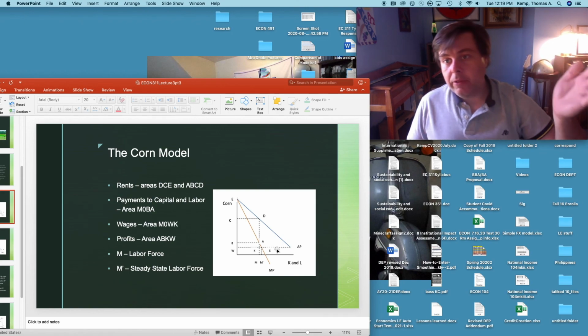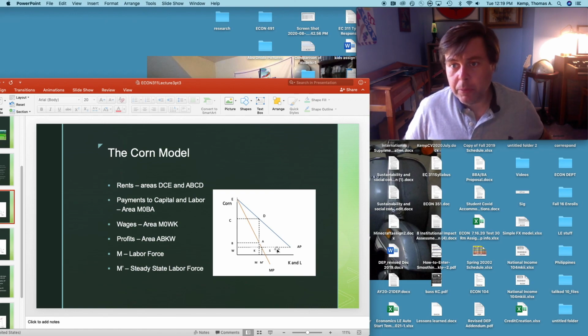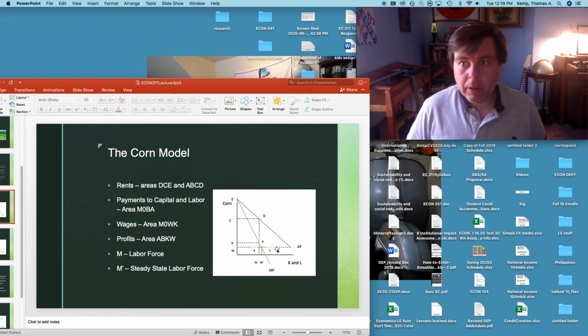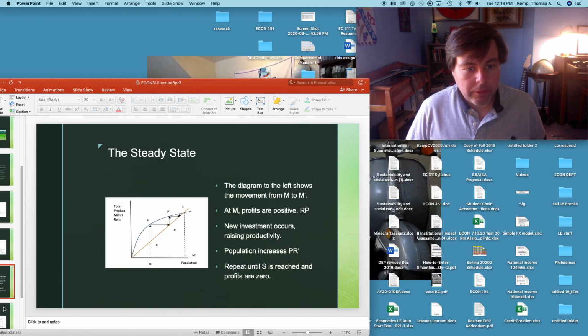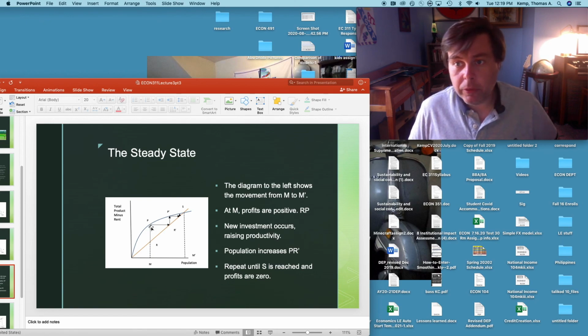Well, in that case, the steady state is reached even more quickly, right? Less time than it would have been before, because what's happening is this function here is rotating up or anti-clockwise. Okay, so the steady state gets reached more quickly than it would have done otherwise.